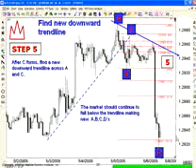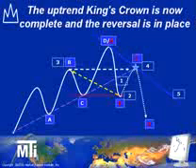Put this on pause and really look at this. Put this on pause and study it.